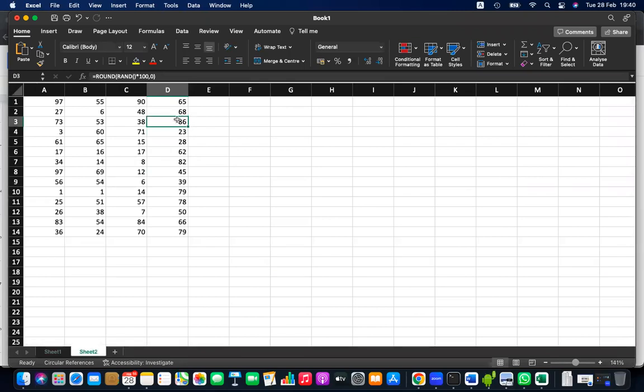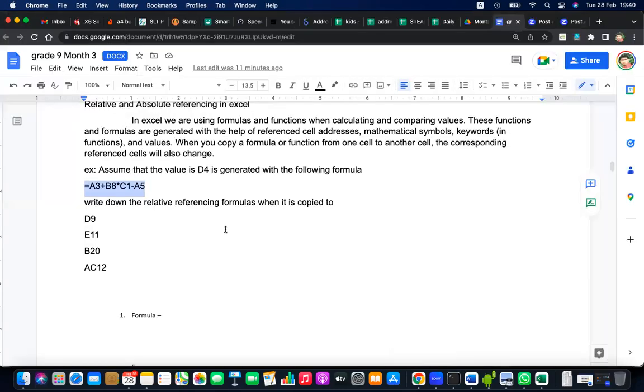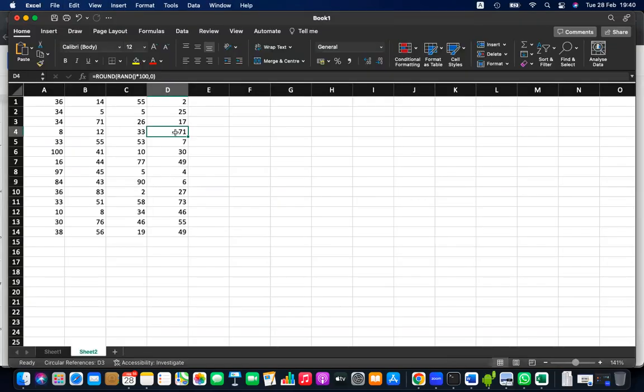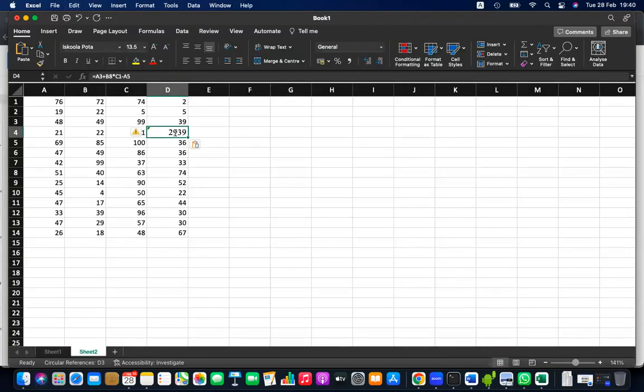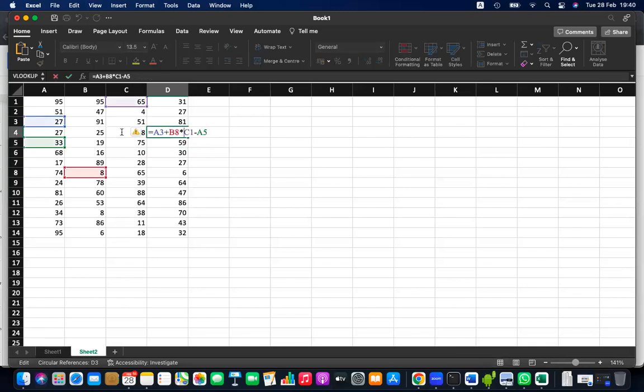Yes. In D4, what I'm going to mention is this. Okay, that's it. A3 plus B8 into C1 minus A5.